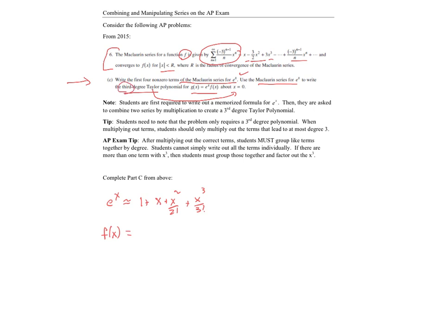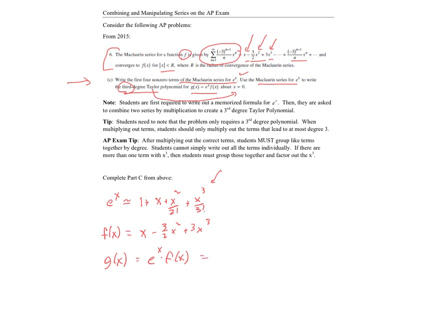But we want to get a third degree, so I've got to get to that third exponent, which is similar to what we have here for e to the x. So I can see they gave me all 3. All right, so they gave me all 3. I'm just going to write them down. That wasn't too bad. So they want my g of x to be the product of E times F.